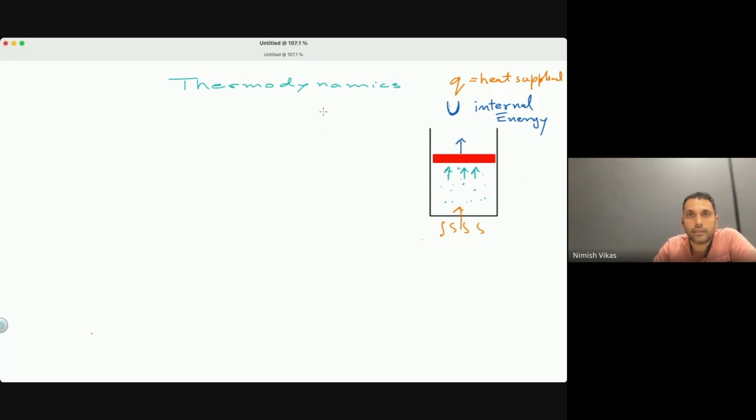So the third term is work. That work, we'll just write W for it, is the same old thing: the integration of force times displacement. But force happens to be pressure times area. Say the pressure is P, pressure times area, dx.